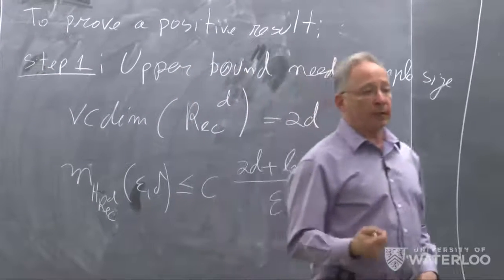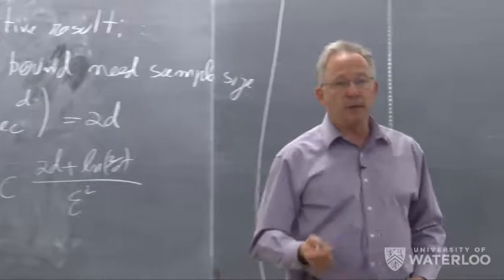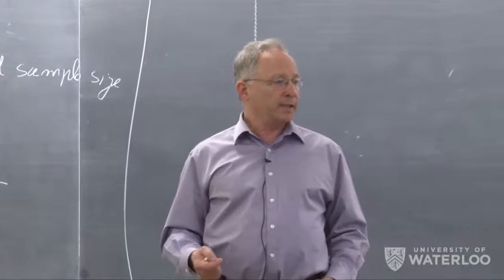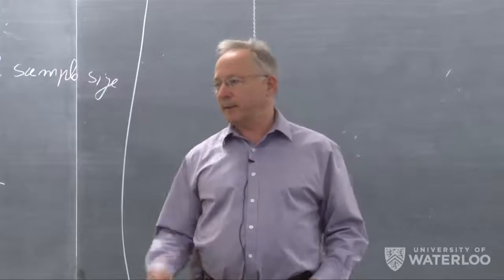Step 2 is the computational side. Now that we know the minimum sample size that we are going to need, the question is how much time we need to process this sample size.